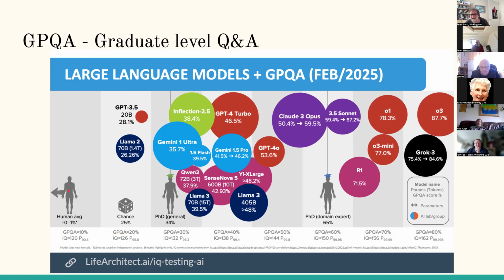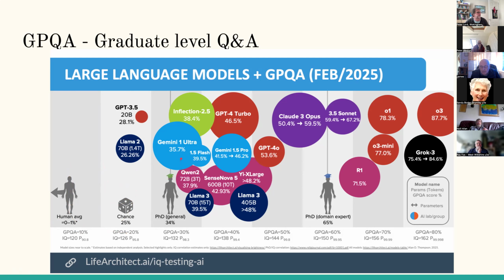So the average human person is actually quite low on this scale. The average person is not a PhD graduate. So we talk about the very early models, and they're really in the realms of just throwing a dice and sometimes getting the right answer.